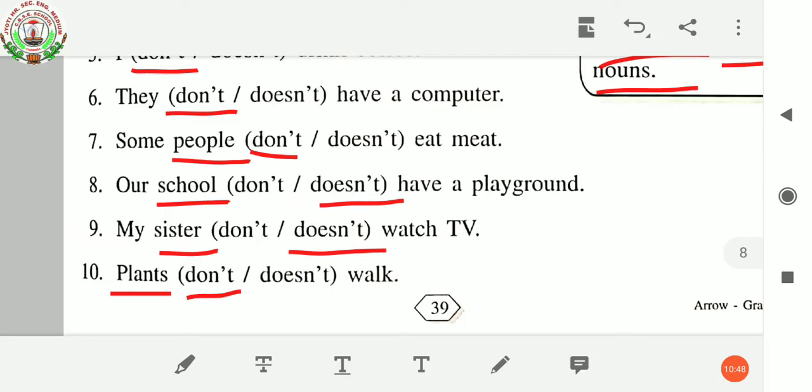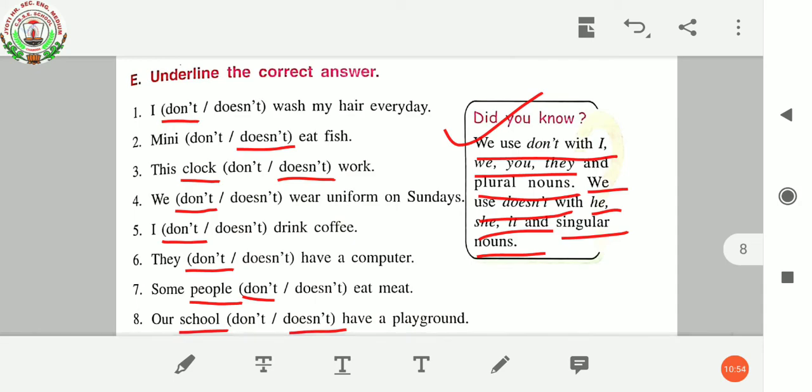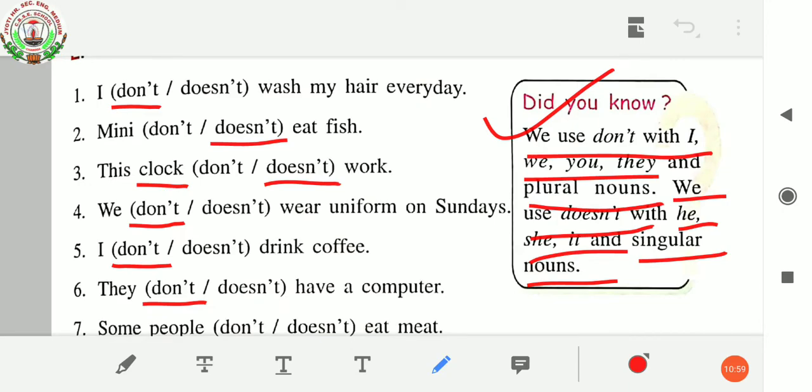So my dear children, let us see how we have done this question. Underline the correct answer. The first one is, I don't wash my hair every day. Second, Minnie doesn't eat fish. Third, this clock doesn't work. Fourth, we don't wear uniform on Sundays. Fifth, I don't drink coffee.